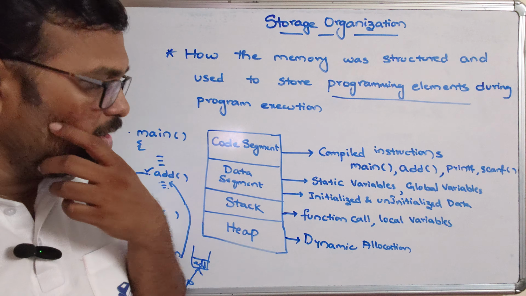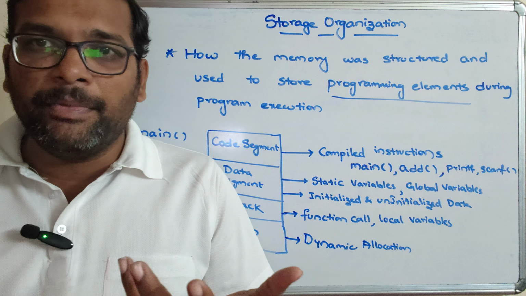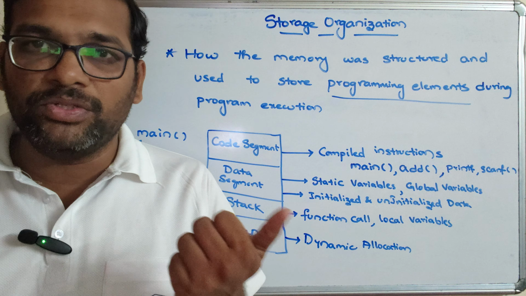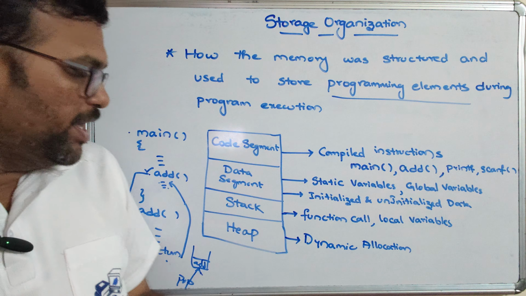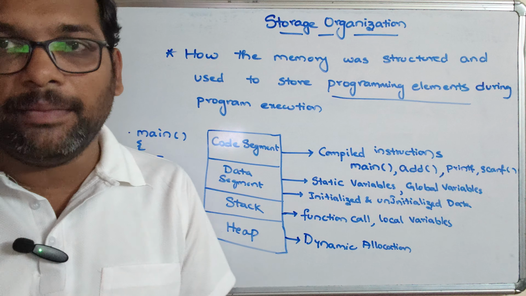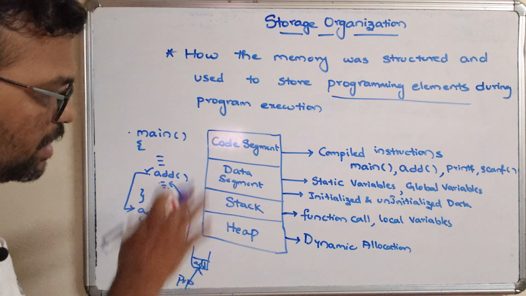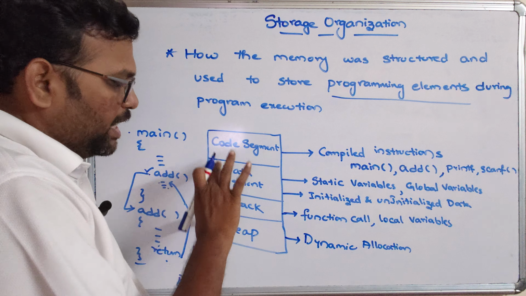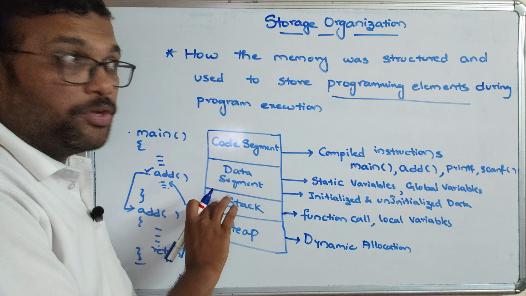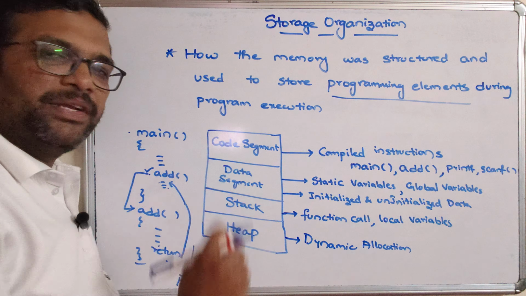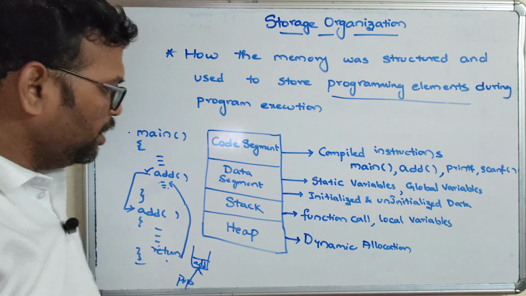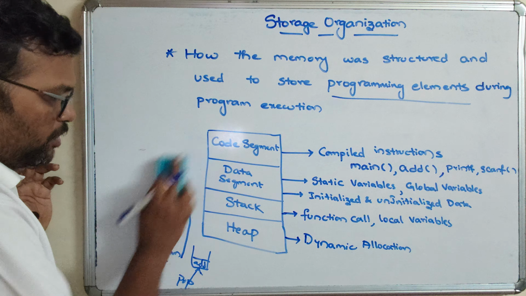Usually we allocate the memory during the runtime by using either malloc or calloc. Those kinds of variables will be stored in this heap. So these are the four data segments which are used to store the different programming elements during the program execution. Hope you understood this one.